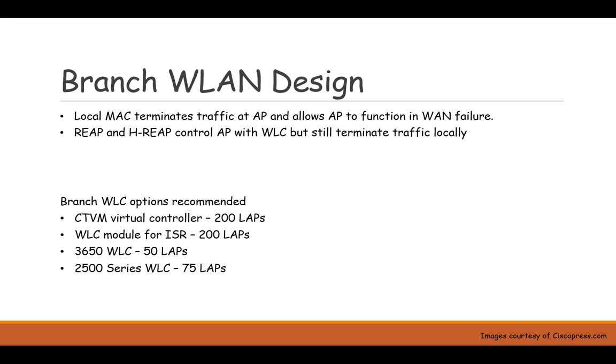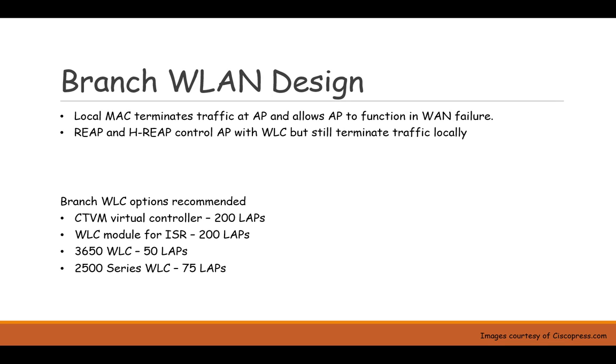And moving into our last couple slides here, let's talk briefly about how to handle wireless designs at the branch office. As I mentioned briefly before, REAP and HREAP, that's Remote Edge Access Point and Hybrid Remote Edge Access Point, still control the lightweight access point with a controller, but they allow for local MAC operation, making it so user data doesn't need to traverse a WAN link to the wireless controller, but rather terminates into the wired network at the access point.